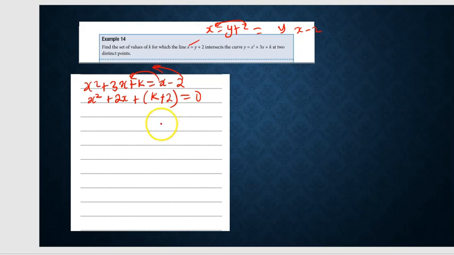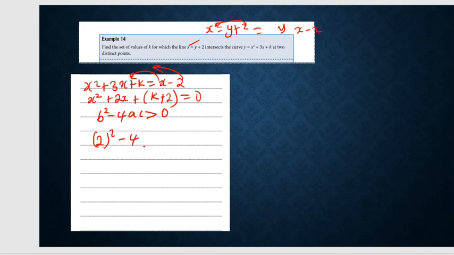Now there are two distinct roots when b squared, the discriminant, minus 4ac is greater than 0, right? So if there are two distinct solutions, we are going to substitute this in this formula of discriminant. Our b becomes 2 squared, so this is 2 squared minus 4ac.